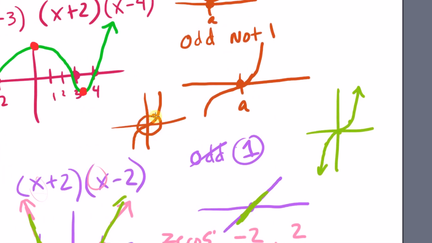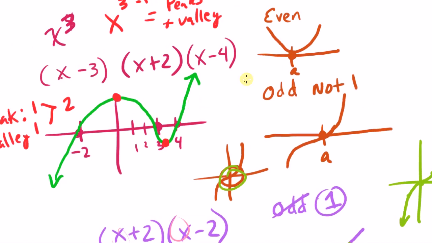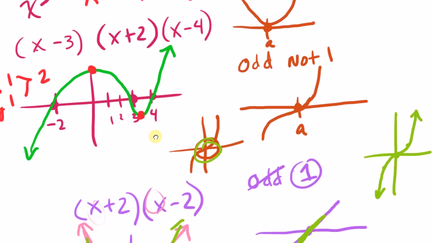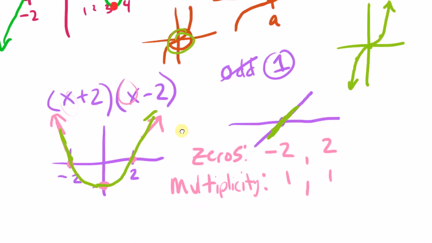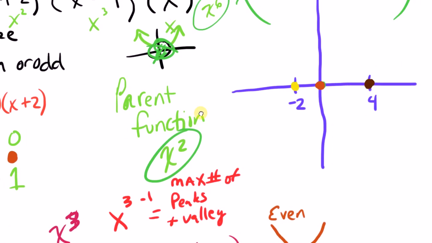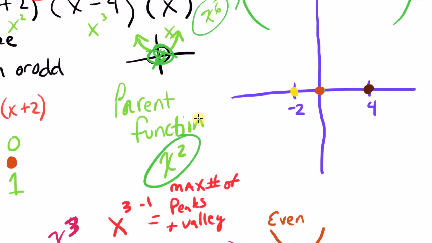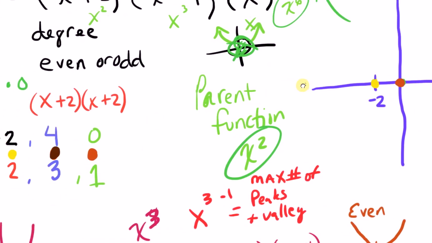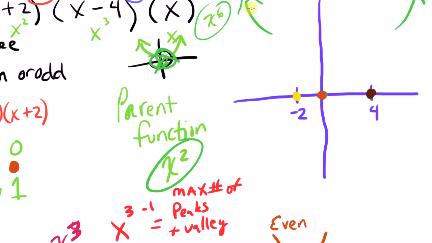So back to this function that we were working on here. All right, so here's our function. We labeled our multiplicities. We had an even multiplicity at negative 2. We know it has to come from up here, and it's going to come down. Because the multiplicity is 2, it's going to bounce off.